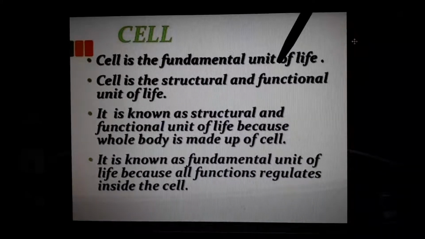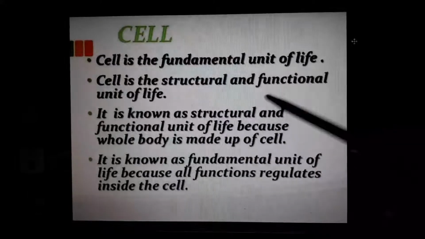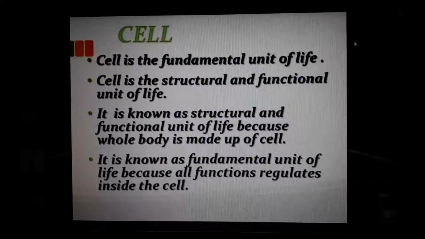Every living organism in this world is made up of a small unit called the cell. The cell is the structural and functional unit of life. The cell gives us our structure. Understand? We are human beings with legs, hands, eyes, nose, head and all. The cell is the building block of all those things.